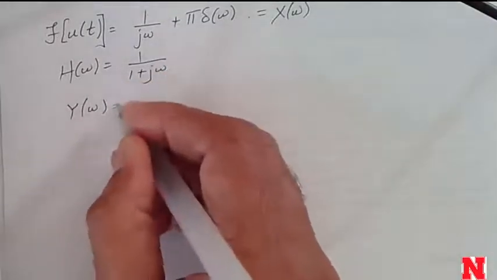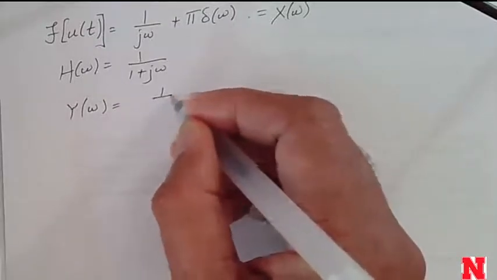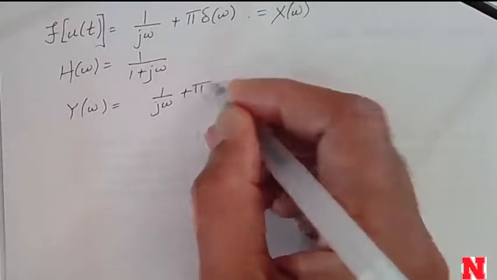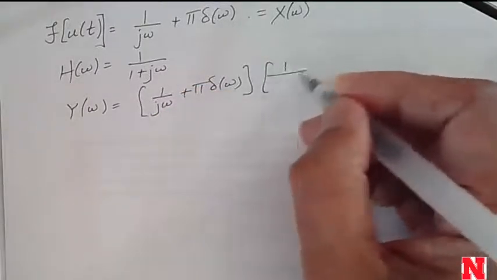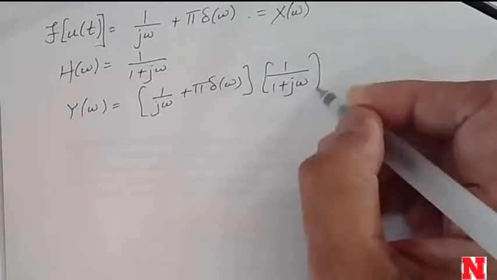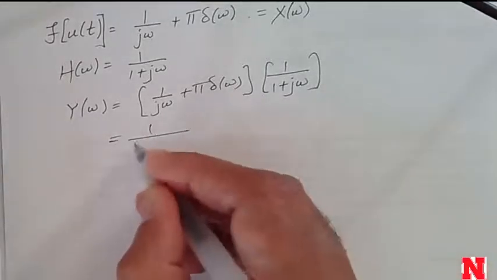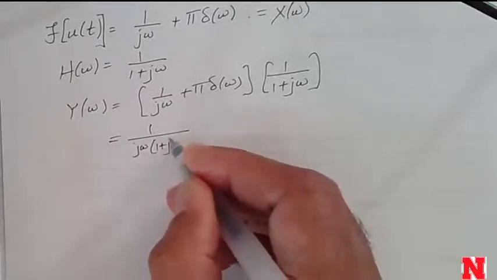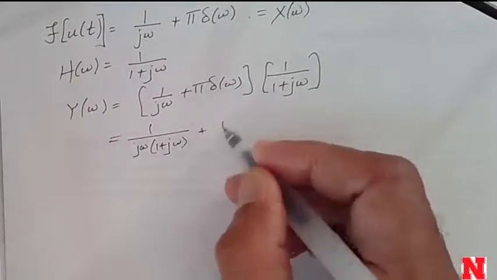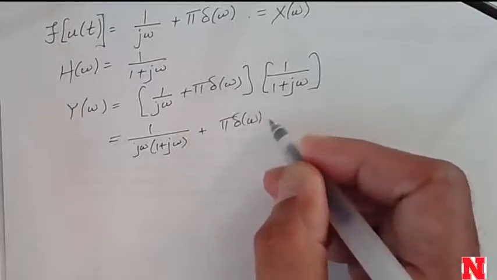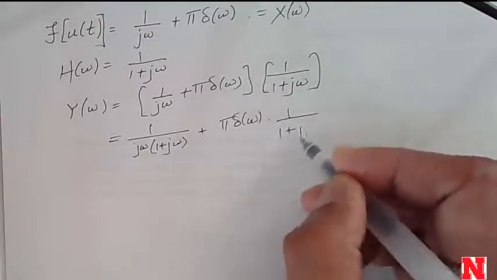And remember that H of omega was just equal to 1 over 1 plus j omega. So Y of omega will be equal to this whole thing, 1 over j omega plus pi delta of omega, times 1 over 1 plus j omega. And then that's just 1 over j omega times 1 plus j omega, plus pi delta of omega times 1 over 1 plus j omega.